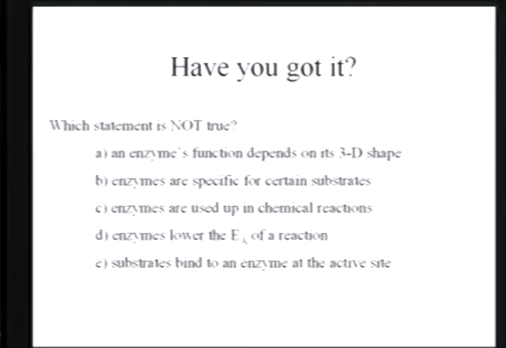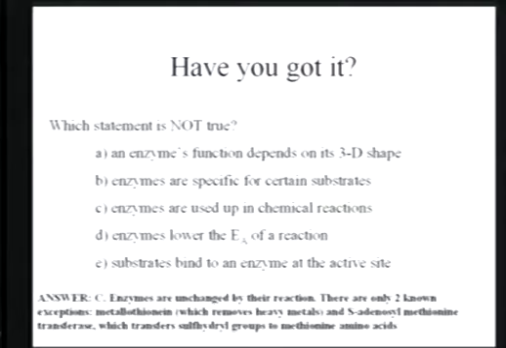The incorrect statement there is C. Enzymes are used up in chemical reactions. They're not. They're unchanged. Okay, so there's the 2 exceptions, metallothionein and S-adenosylmethionine transferase. You don't need to remember that. Don't worry about it. Just remember they're unchanged by their reaction.